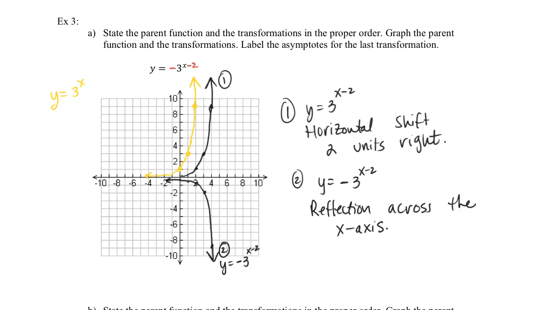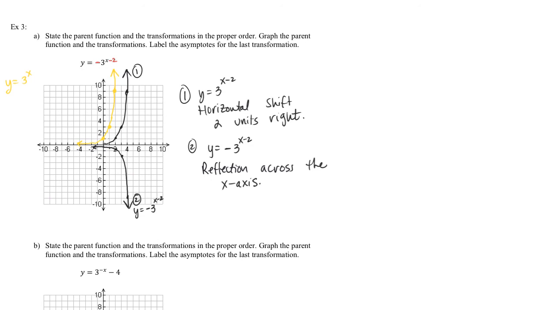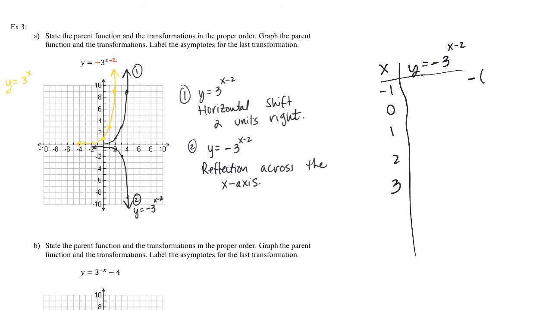And we can explore what is going on and why that is the case. So if we were at negative 1, 0, 1, 2, 3, and we have y equals the opposite of 3 to the x minus 2. Okay, so this means I would have the opposite of 3 to the negative 1 minus 2.